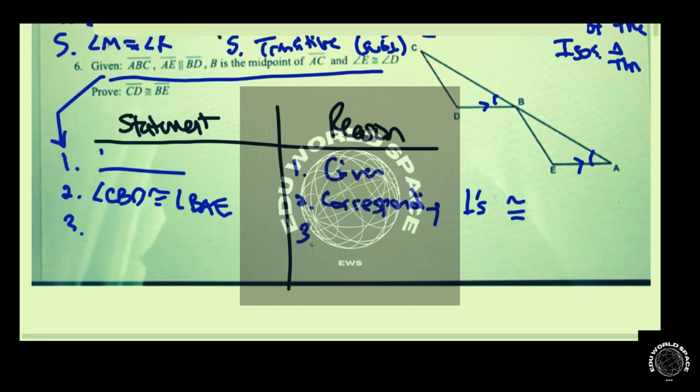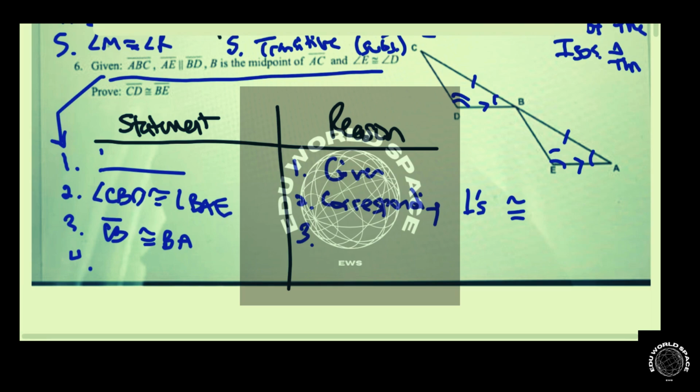We know that if B is the midpoint of AC, by the definition of midpoint, BC is congruent to BA. And we also know that angle E and angle D are congruent.